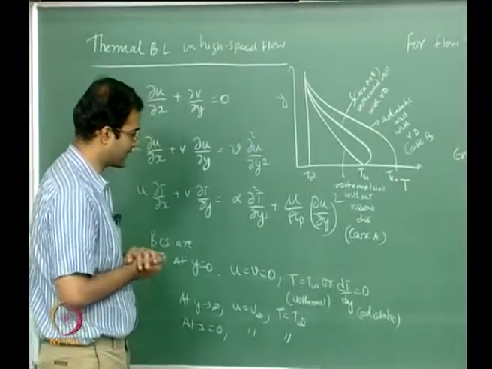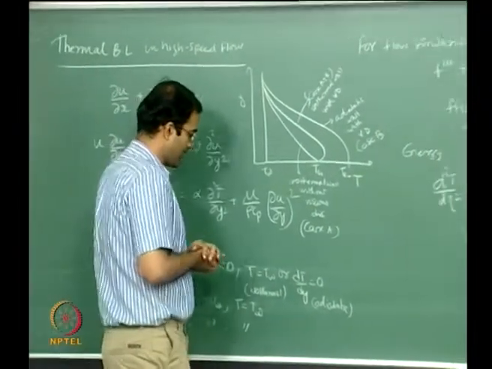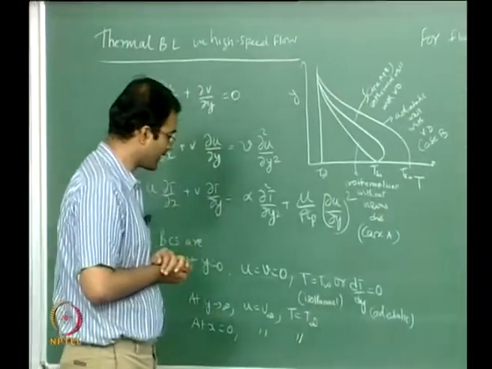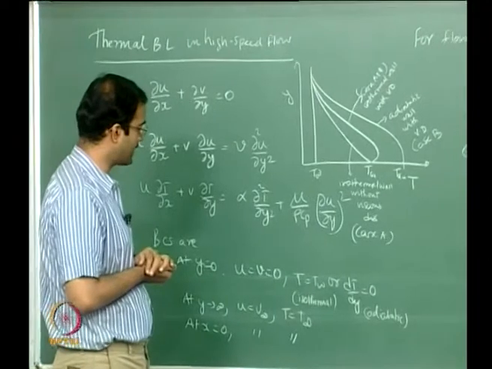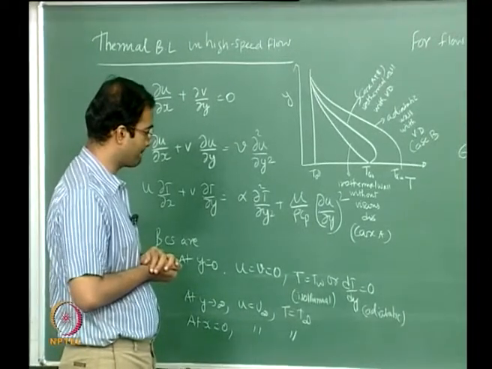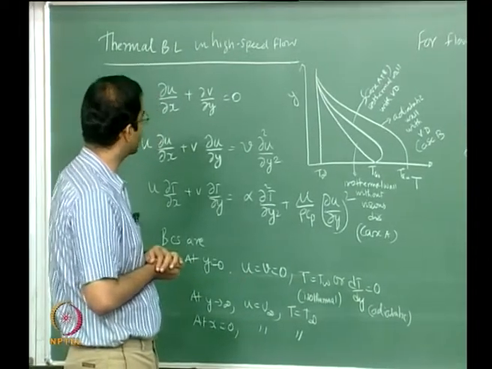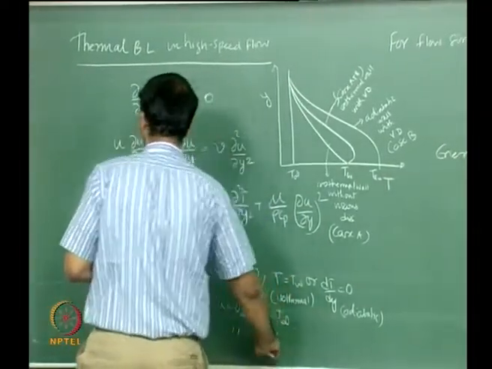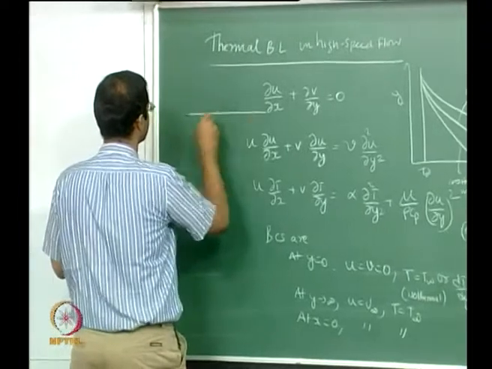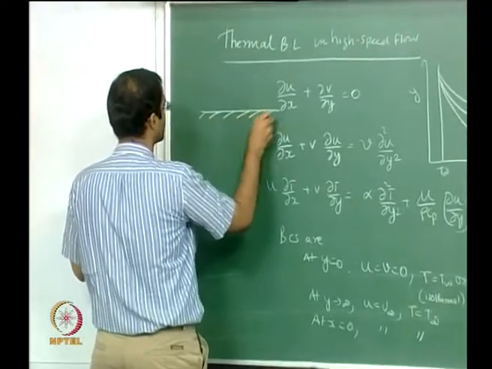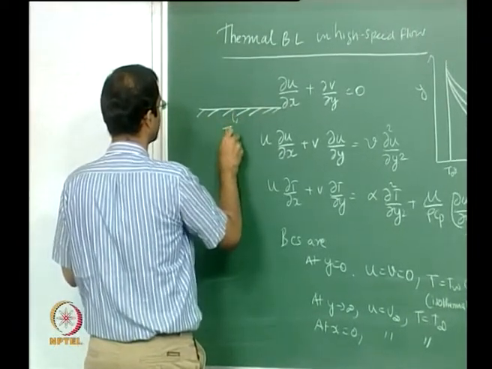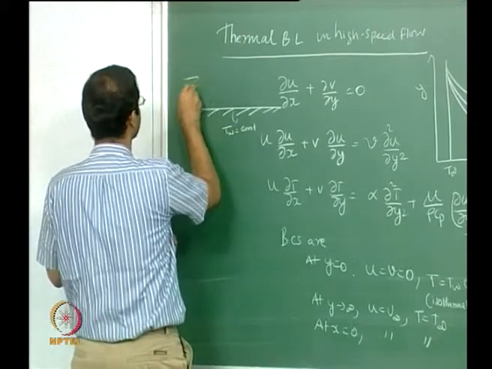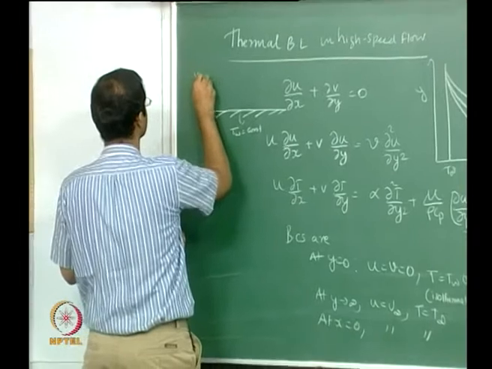For the flow it is very straightforward. As far as the temperature is concerned, you can have either of two conditions. One, you can have an isothermal wall, and in fact this is what we are going to see in this particular case. We are going to consider a flat plate where the temperature at the wall is isothermal, it's constant, and you have a very high speed flow.